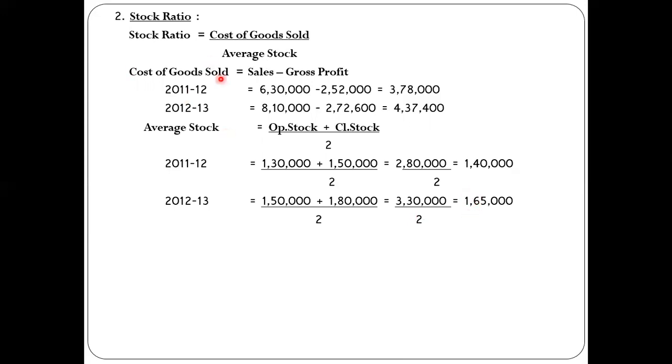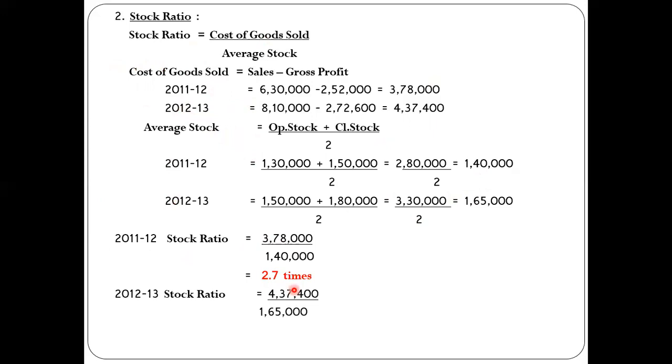So now we have the amounts for cost of goods sold and average stock. We keep the amounts in the stock ratio formula: 3,78,000 divided by 1,40,000. So we get the answer 2.7 times. Now in 2012-13 stock ratio, we have to keep 4,37,400 divided by 1,65,000.